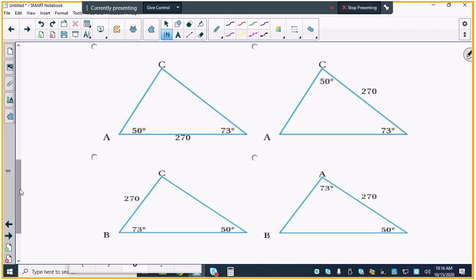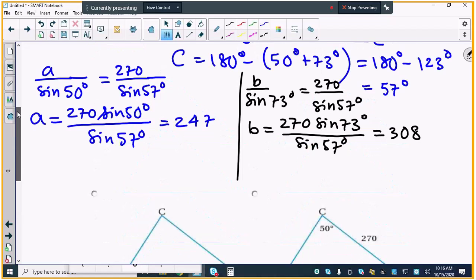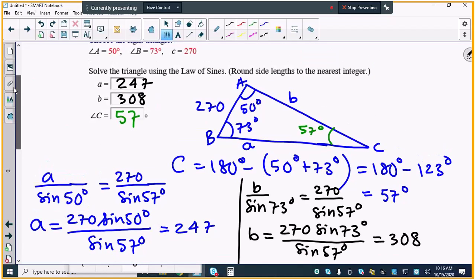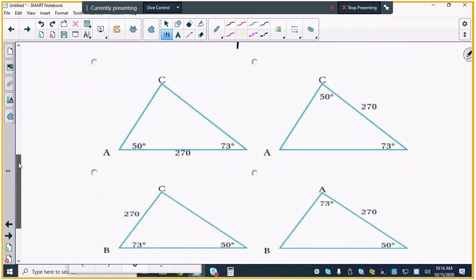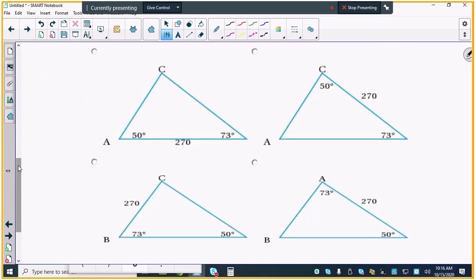So first and foremost, the angle C that we have found out is equal to 57 degrees. So this choice cannot be the right choice because it says angle C is 50 degrees. It's going to be either between A or B.